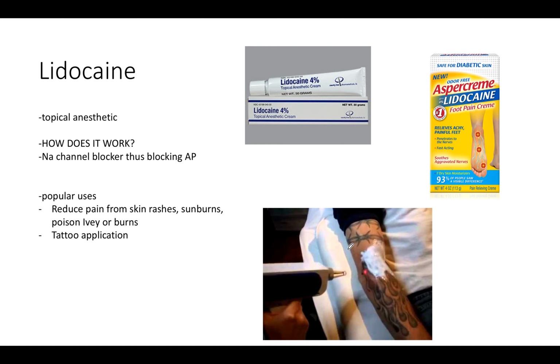You might have experienced it during the tattoo removal process, when they use a laser which causes a lot of pain. Before they shoot the laser beams at you to remove the tattoo, they apply the topical anesthetic, here seen in white, to reduce the pain.